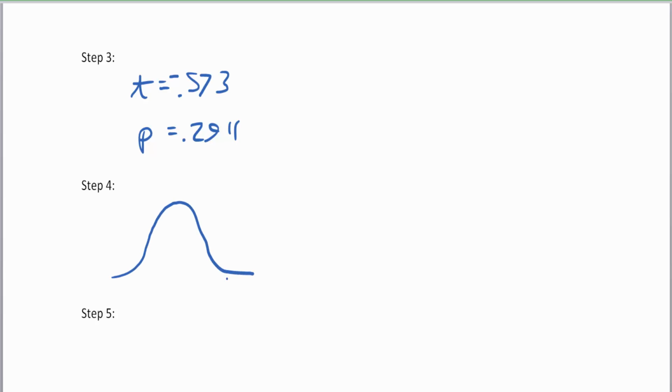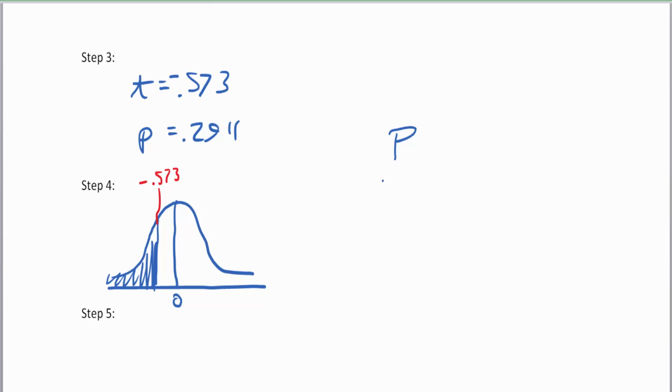Let's make our t-curve here with 0 in the middle for 0 standard deviations away from the norm, or 0 standard deviations away from no difference. And now we have a really big shaded section here. This really big shaded section has a flag planted at negative 0.573 standard deviations away from the norm. And as we've talked about earlier in this video, if you're within 1 standard deviation above or below the norm, you're considered pretty normal, so this p is definitely not a rare event.